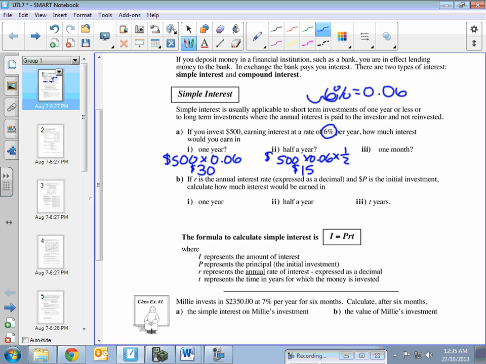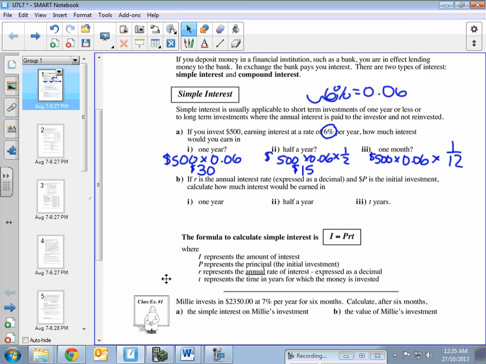Okay? In 1 month. So start off regularly. So I have $500 times 0.06. 0.06 is 1 year. 12 months in 1 year. So if I have $30 in 1 year, I'm dividing by 12 or multiplying by 1/12.